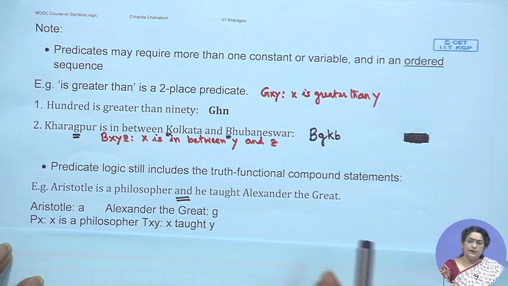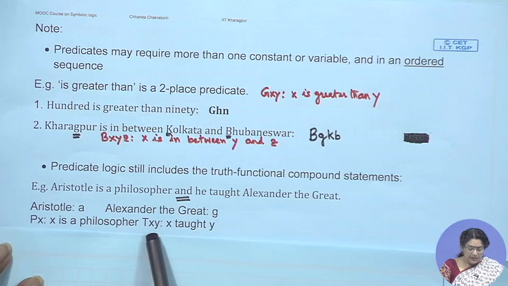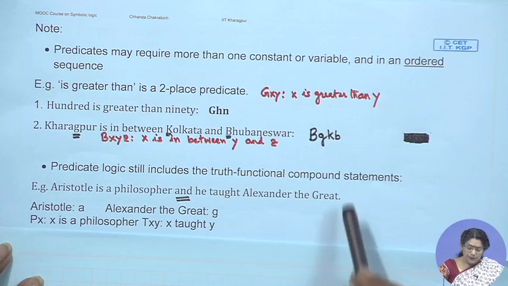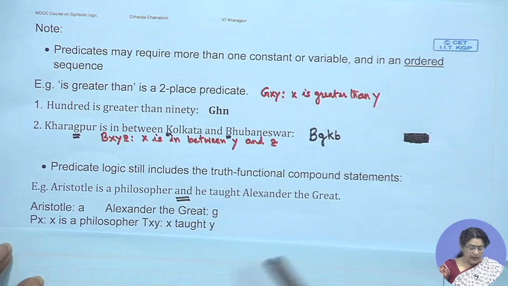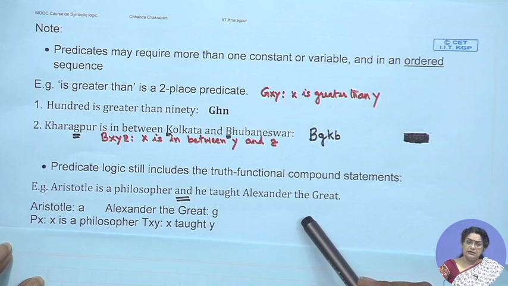Okay, then again we have the two-place predicate where this is expressed by the variables, but we know what we want to do. What would be the translation here? Aristotle as a philosopher we have done, that is your capital P followed by lowercase a. This is who taught whom, so T A G, Aristotle taught Alexander the Great.